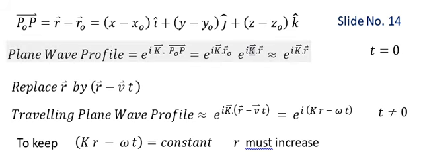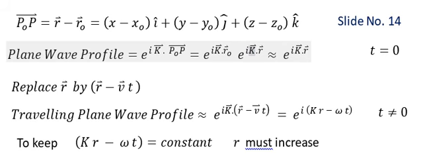The exponential term e to the power iota k dot r naught is a constant term, and we can disregard constant terms. Whenever we write the plane wave, we can drop the constant phase vectors or any constant terms. That would not change the physics. So we ultimately get the plane wave profile as e to the power iota k dot r.